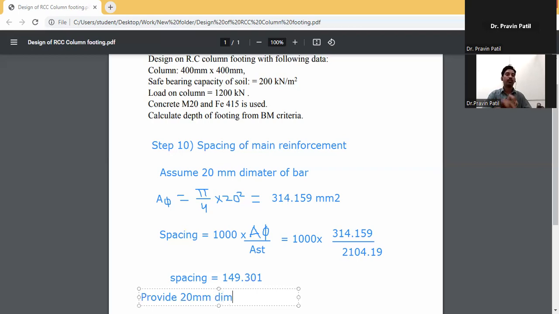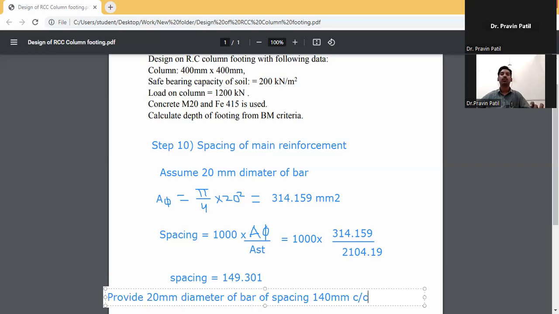Provide 20 mm diameter of bar at a spacing of 140 mm center to center in both direction.